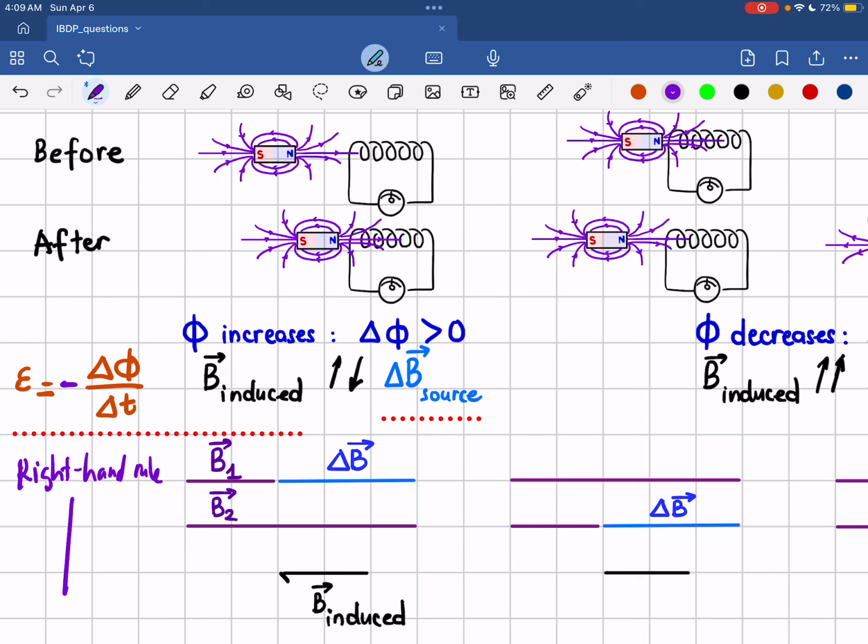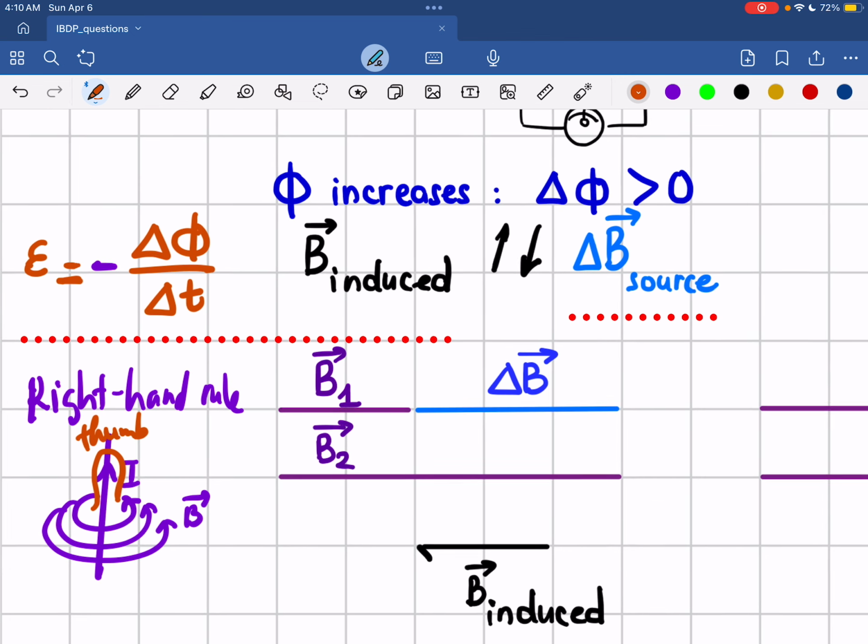If you have a current like this, then around this current there will be a magnetic field, right? Just imagine we are wrapping around the current. The thumb points in the direction of the current.